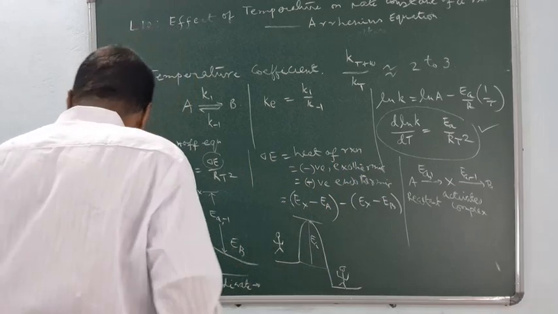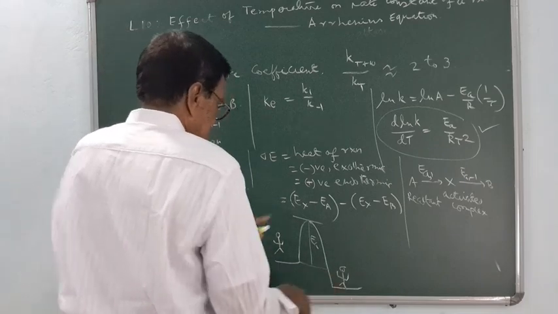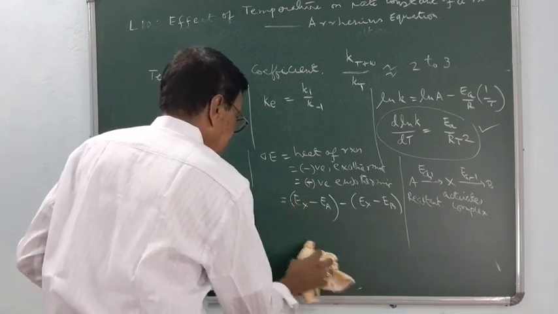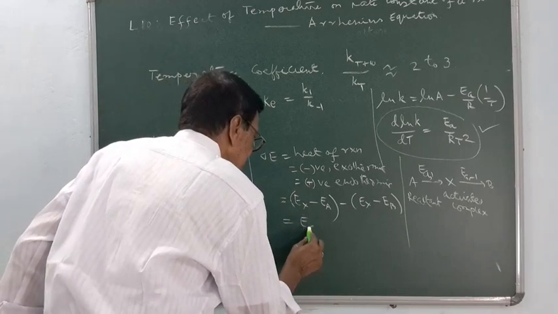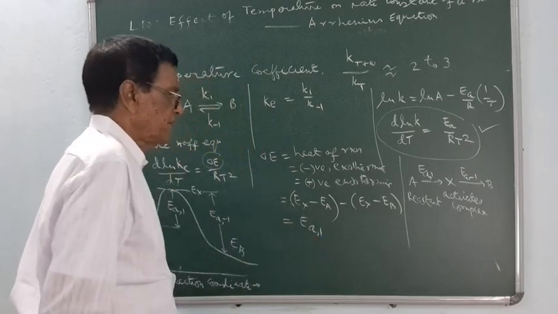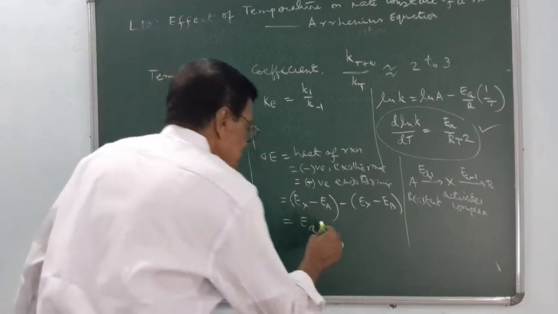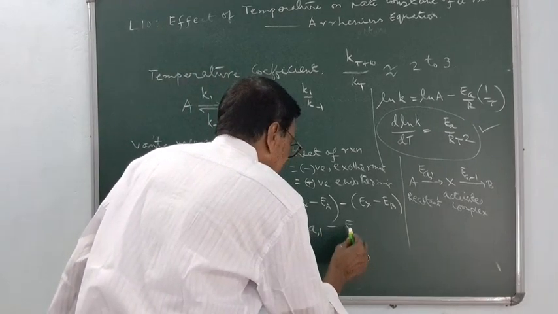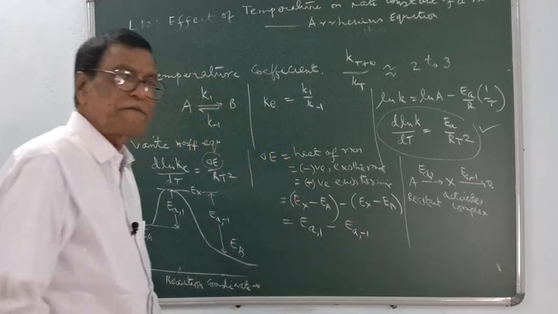So this one we can write as EA1, the activation energy for the forward reaction, and this one we can write as the activation energy of the reverse reaction.